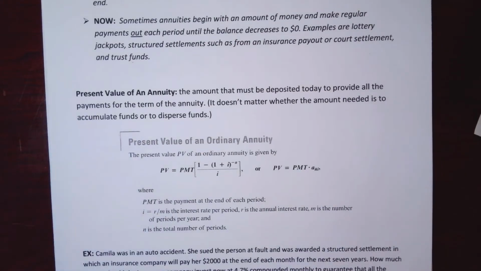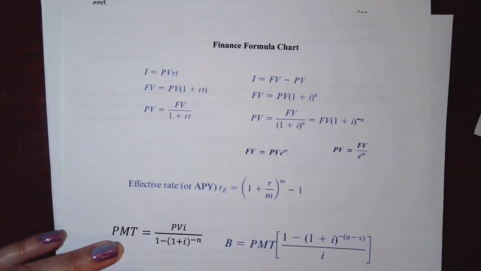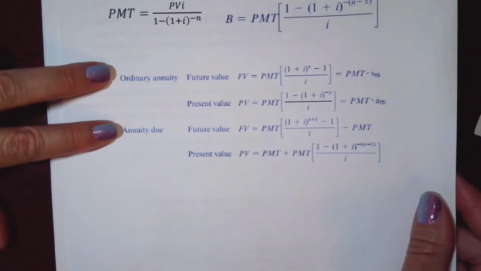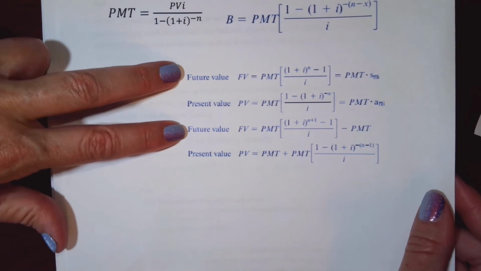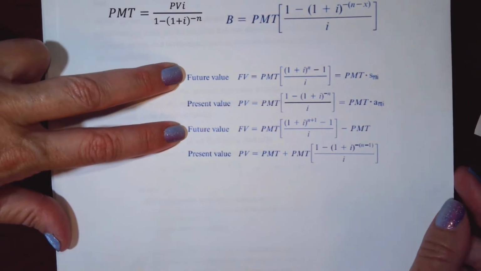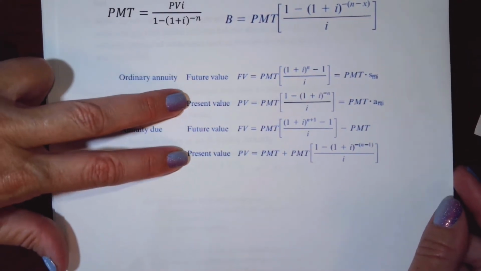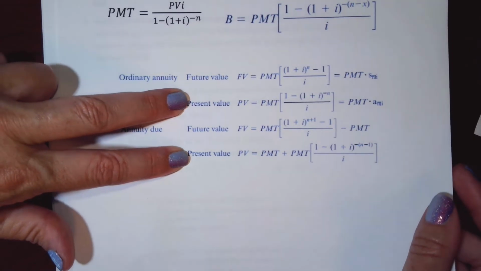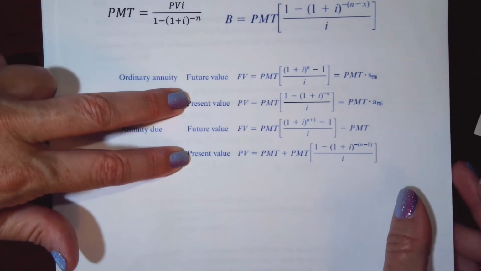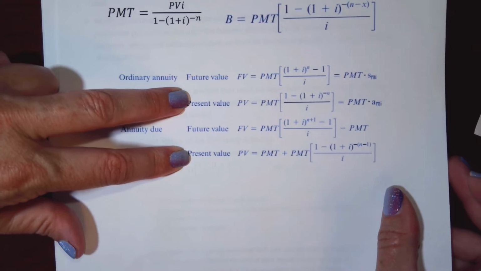Now if you look at your formula sheet for ordinary annuities and annuities due, we have so far focused on finding the future value. Now we're going to focus on finding the present value. How much do we need now to be able to make all those payments without running out of money until the end?